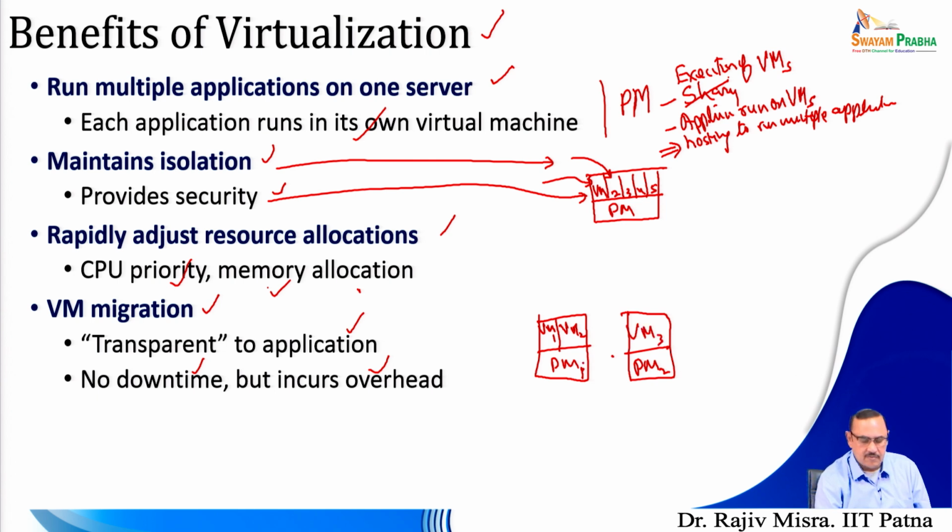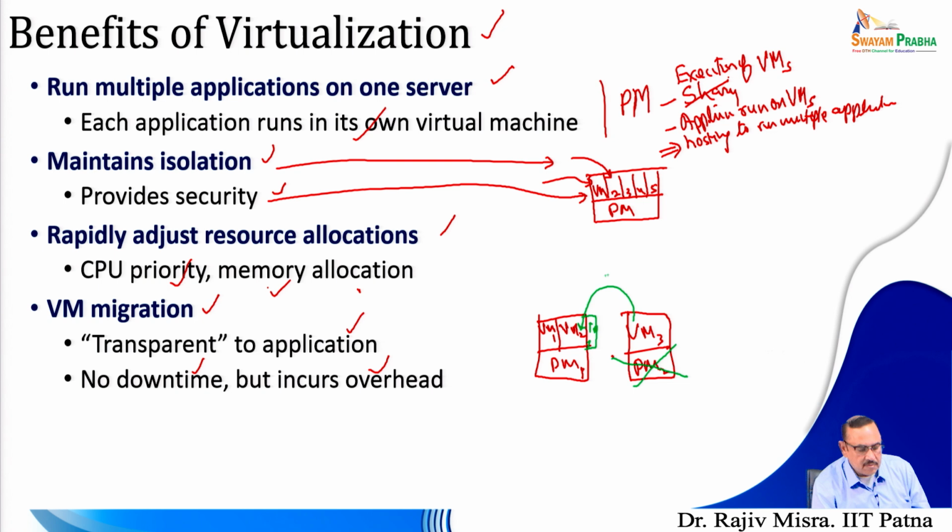Now, if this particular machine goes down for some reason, then this virtual machine VM3 can be migrated here to run on physical machine 1.